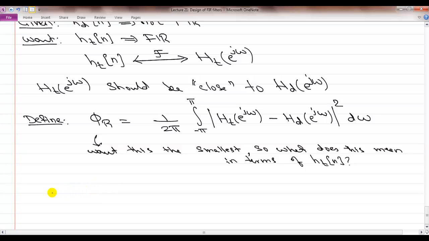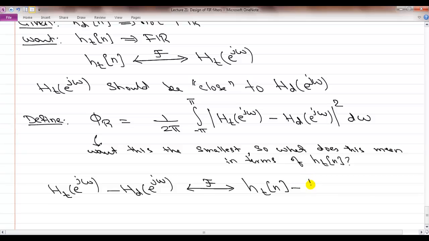So the first property is the following: ht e to the j omega minus hd e to the j omega. What is the inverse Fourier transform of this? Fourier transform is linear, so what's the inverse Fourier transform of this? So this is simply ht of n minus hd of n.